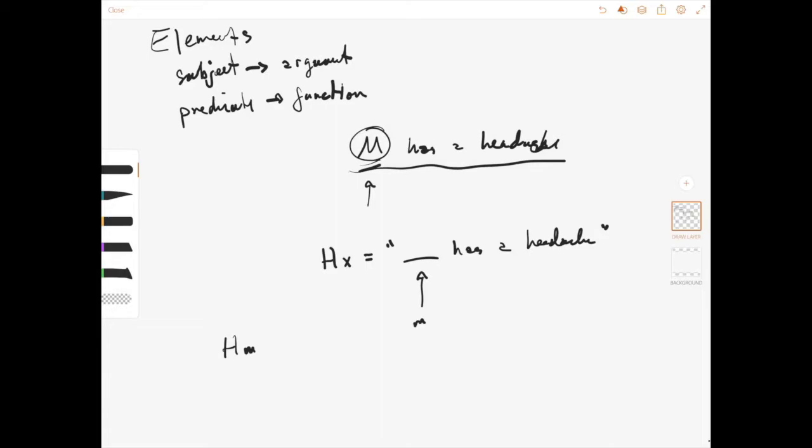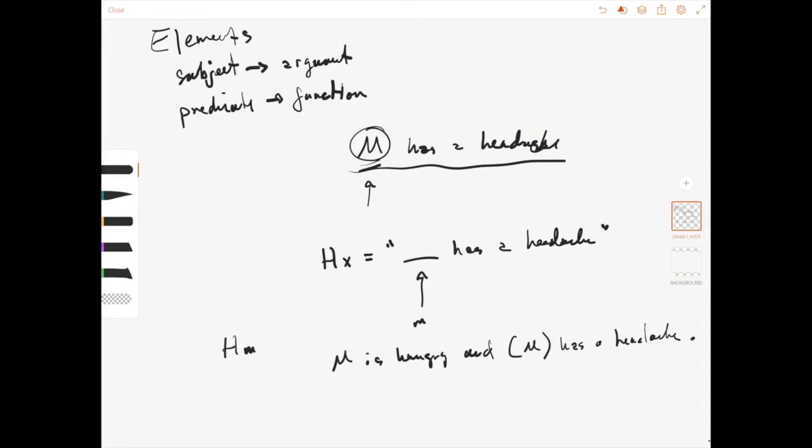Suppose we have the proposition, Matthew is hungry and has a headache. So, Matthew is hungry, and of course the subject repeats, Matthew has a headache.